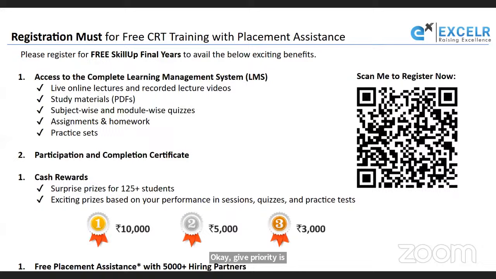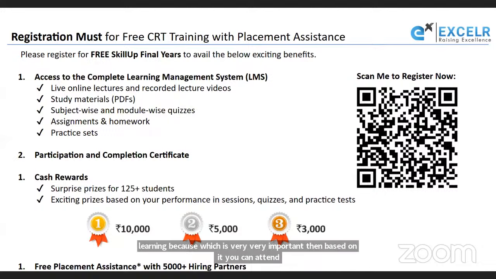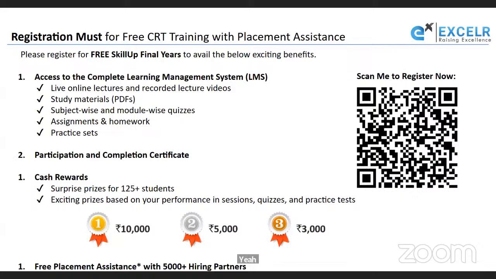Start prioritizing your learning, which is very important, then attend based on it. First understand what the mail dropping into your inbox is. Is it for the SkillUp Final Years or for some other program? Don't confuse yourself.